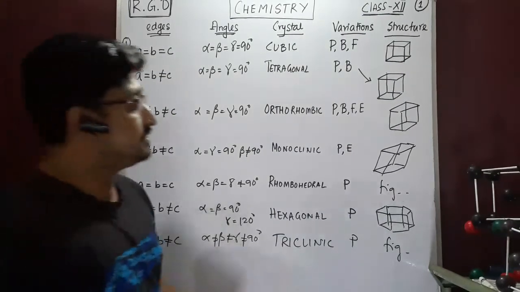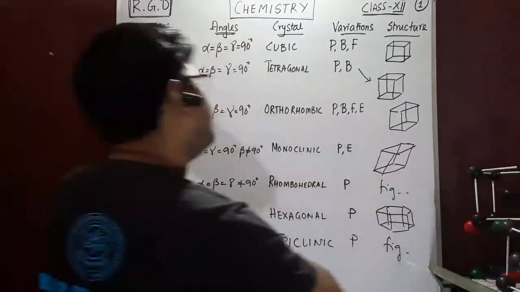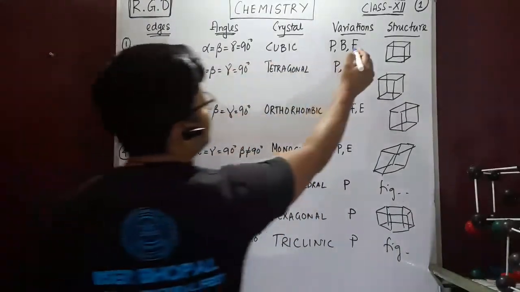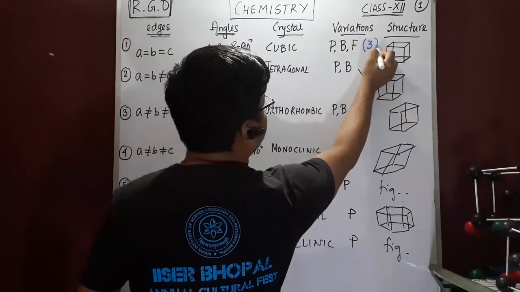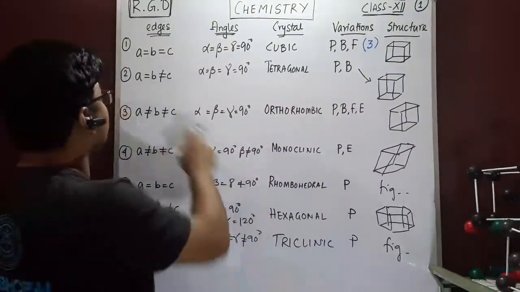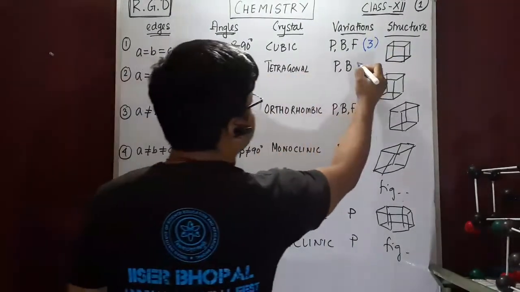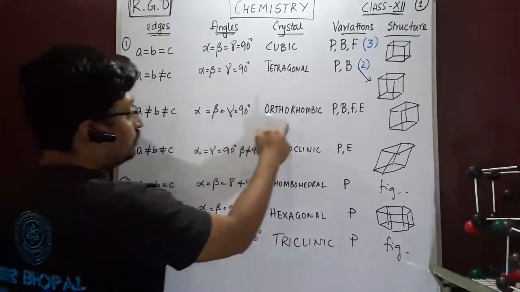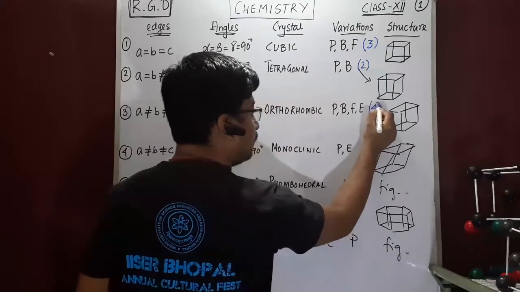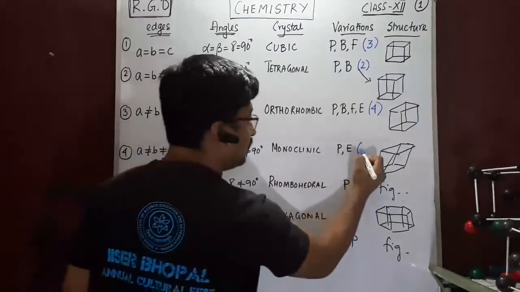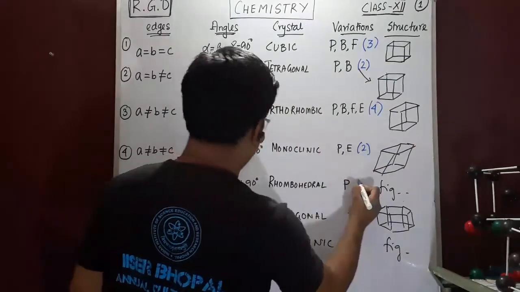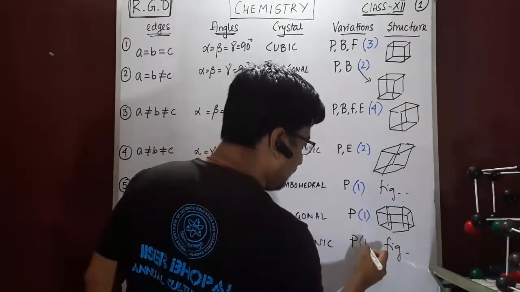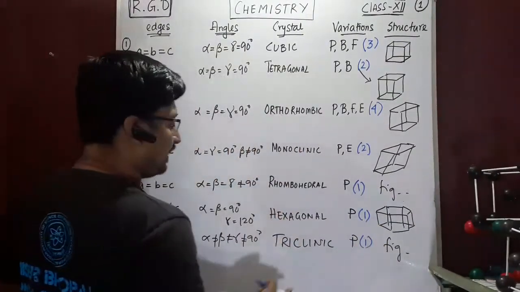Now see here the variations. The cubic lattice has variation 3. Tetragonal lattice has variation 2. Orthorhombic 4. Monoclinic 2. Rhombohedral 1. Hexagonal 1, and triclinic 1.